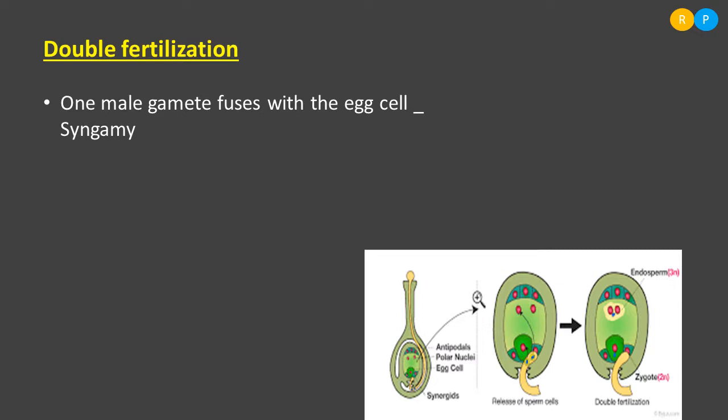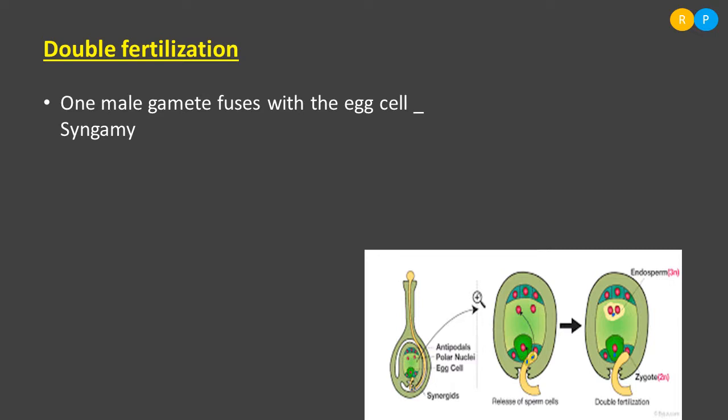Syngamy is the fusion of the male gamete with the female gamete. Understood? What about the other male gamete? Because I told you two male gametes are present in the pollen grain. Both male gametes reach the female gametophyte. One gamete has already fused with the female gamete, and the remaining male gamete fuses with the polar nuclei present at the center.